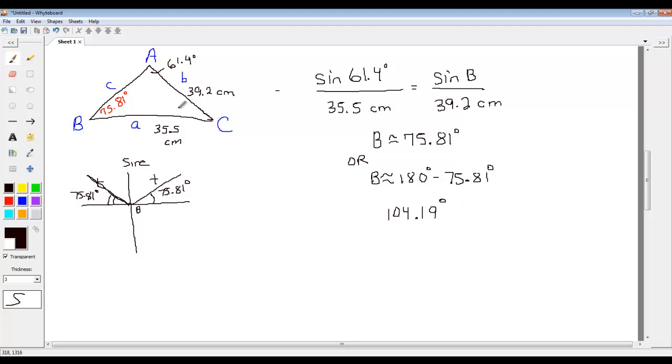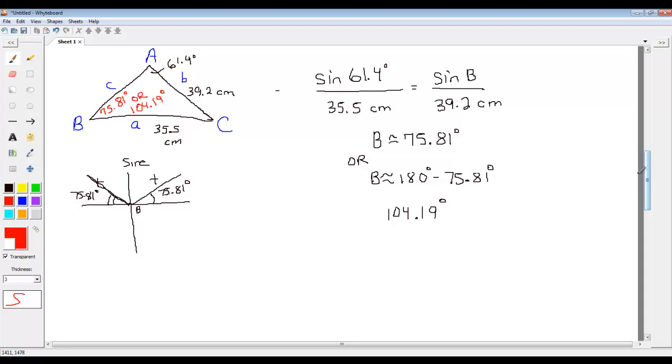And that's totally possible with this triangle. So what could be happening here is you could have an acute triangle, or you could have an obtuse triangle that makes this work. So you've got to solve both scenarios.